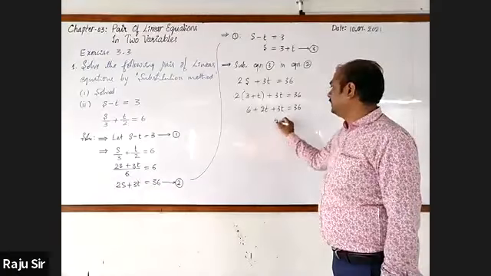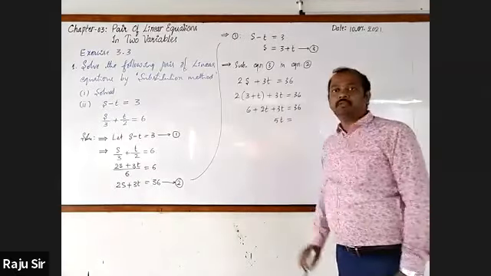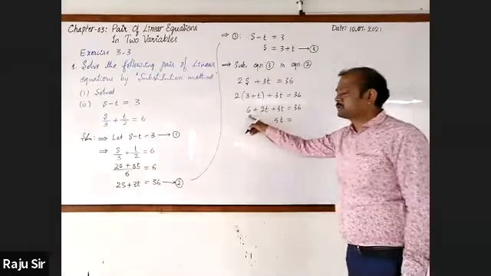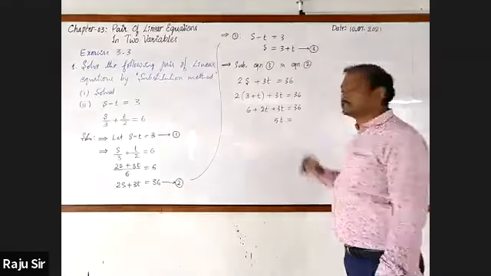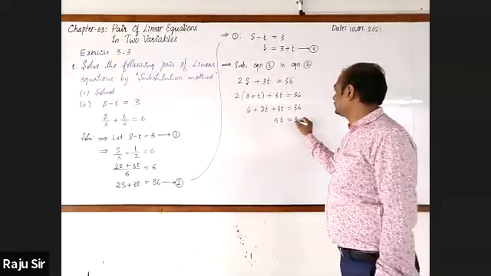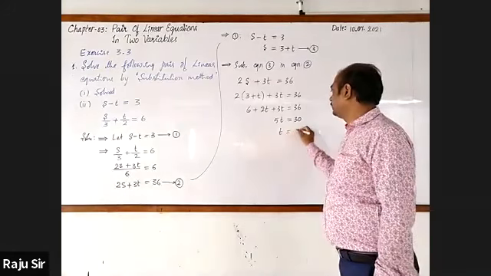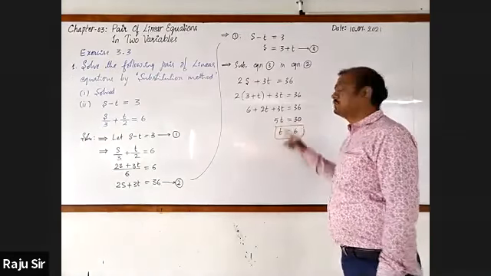Multiply 2 with both the terms: 6 plus 2T plus 3T is equal to 36. 2T plus 3T is 5T. Transfer 6 to the right hand side, it becomes minus 6. 36 minus 6 is 30. Then T is equal to 30 by 5, which is 6.